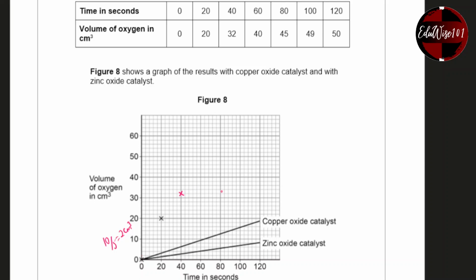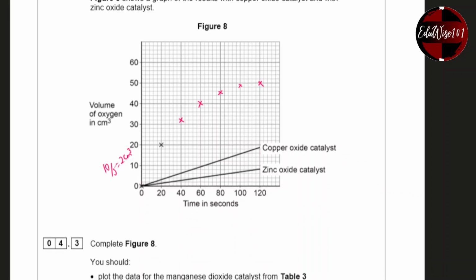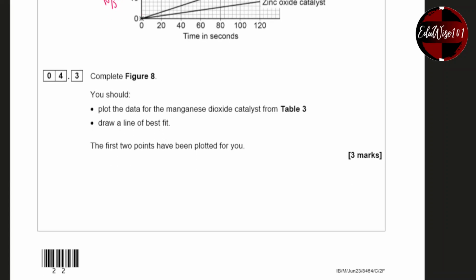And 60 is going to be 40. At 80, it's 45, so it's halfway between 50 and 40. At 100, it's going to be 49, so it's just below 50. And 120 is 50. Right. The total marks available is 3 marks for this question.